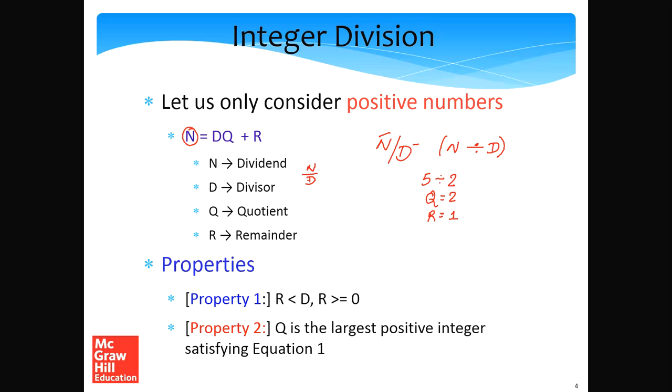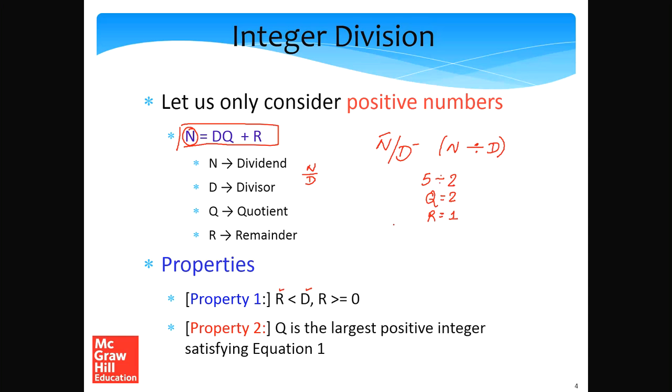Now, let's take a look at some properties. In this equation, n equals dq plus r. One property is that the remainder has to always be less than the divisor. The reason is that otherwise, the division is wrong.